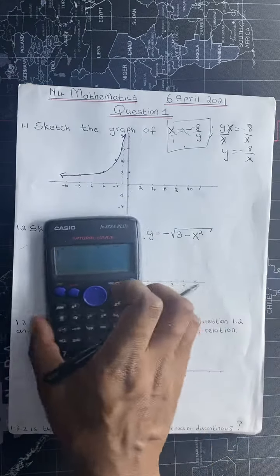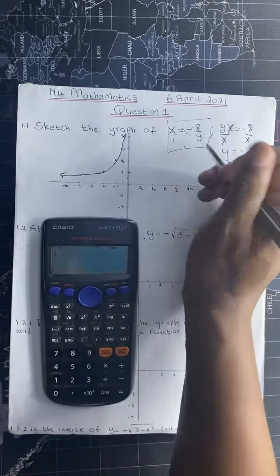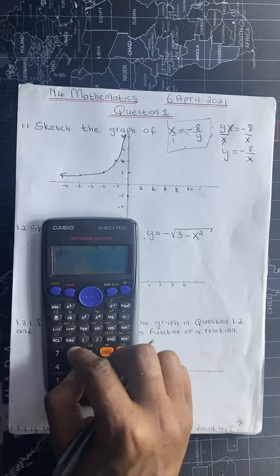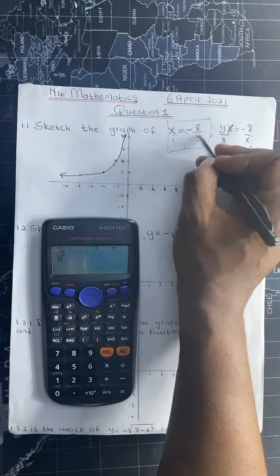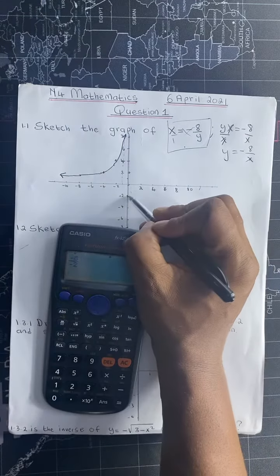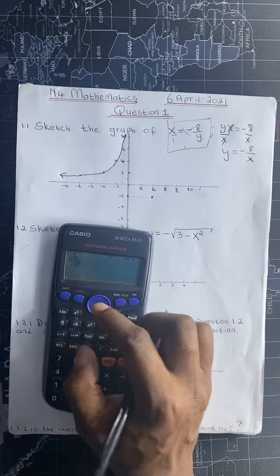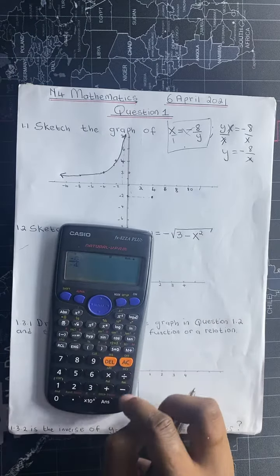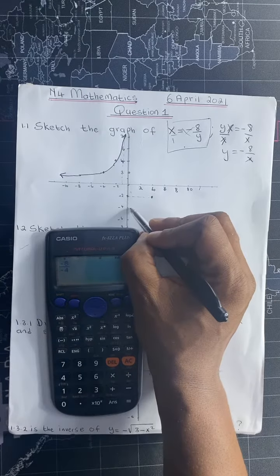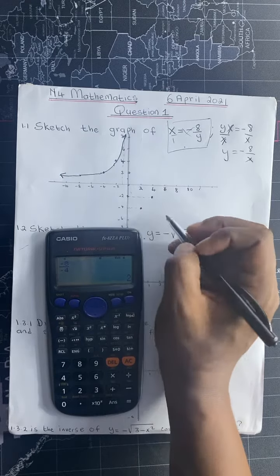So let's substitute y for negative 2. When y is equal to negative 2, x will be equal to 4, and let's say y is negative 4. When y is negative 4, x will be equal to 2. It's going to be somewhere around there.